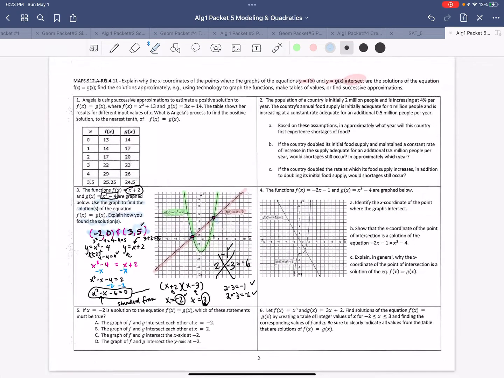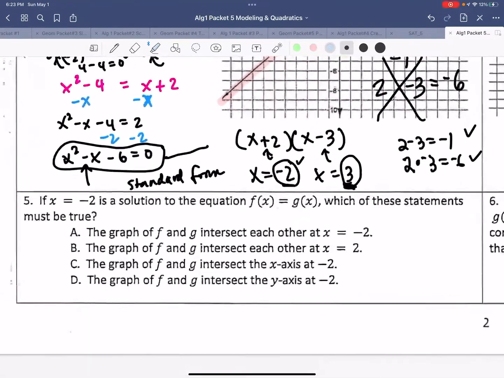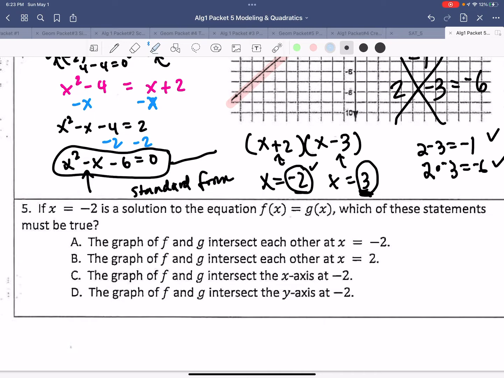All right, we're going to do one more. Oh, there's so many good ones. I think maybe this one, 5, because it's multiple choice. Okay, so it says if x equals -2, so let's figure out what x is -2.